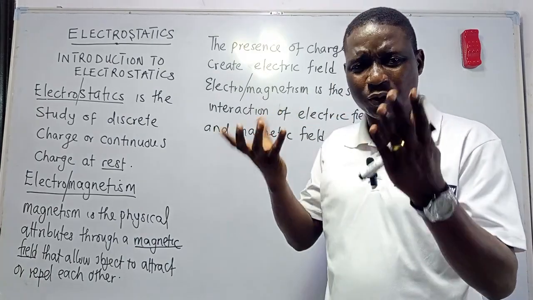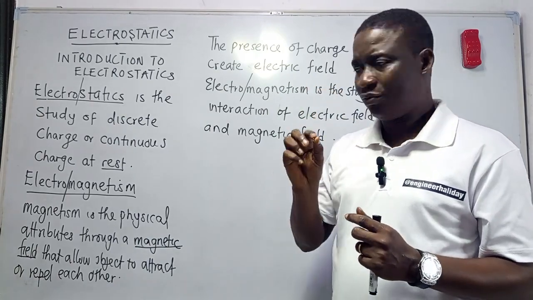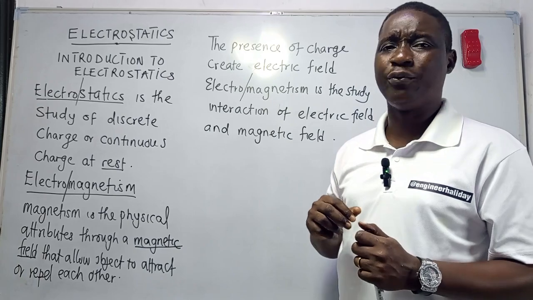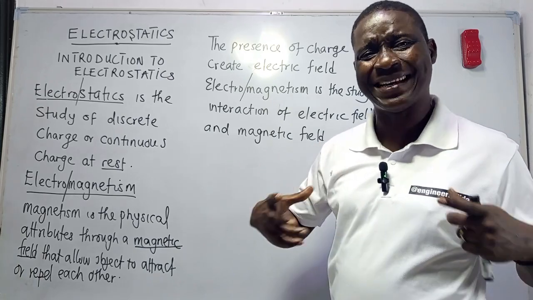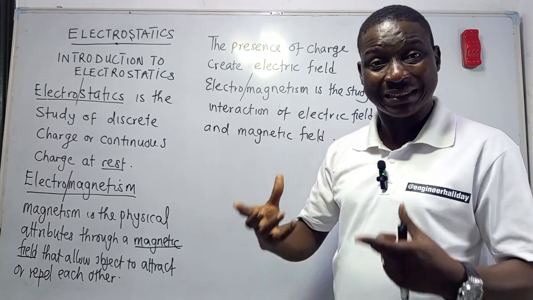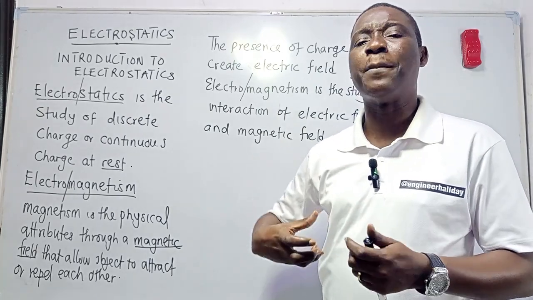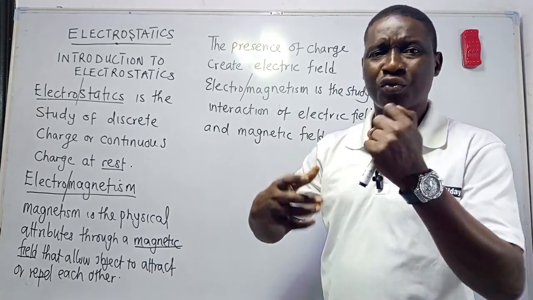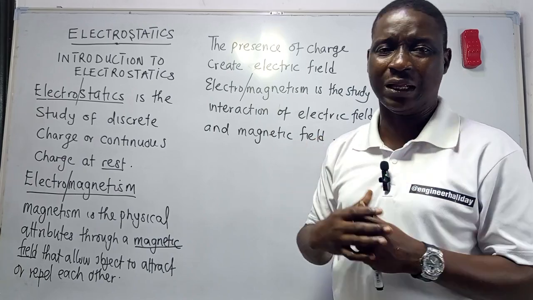That means a region of space where magnetic force is being detected. That's what we call a magnetic field. So there is no magnetic field without the presence of a magnet, or without the presence of elemental particles. All this we are going to discuss in the future when we are talking about magnetic field.